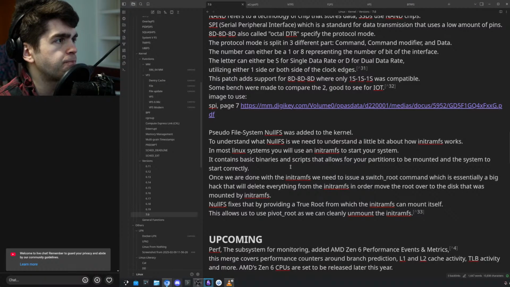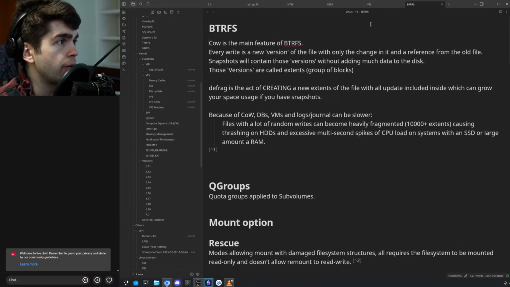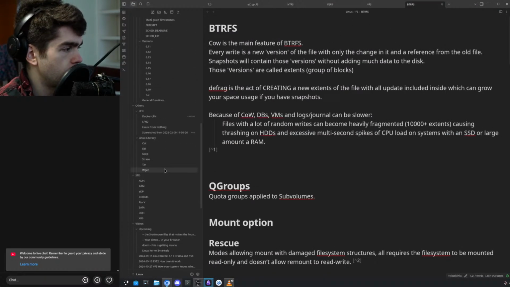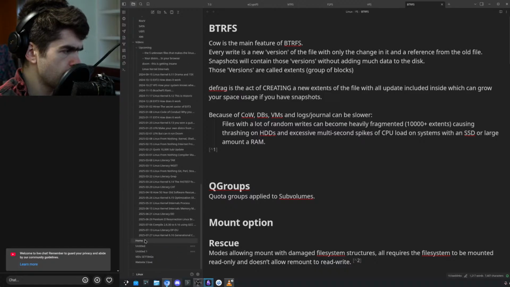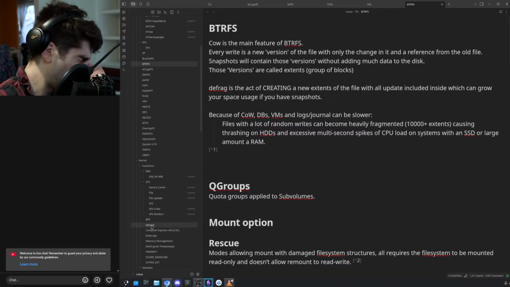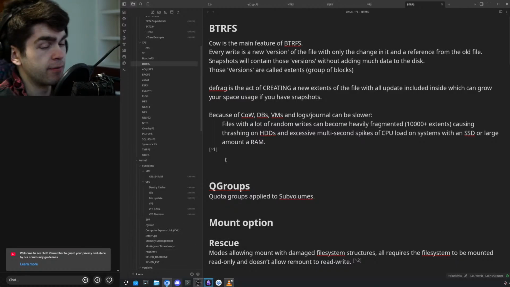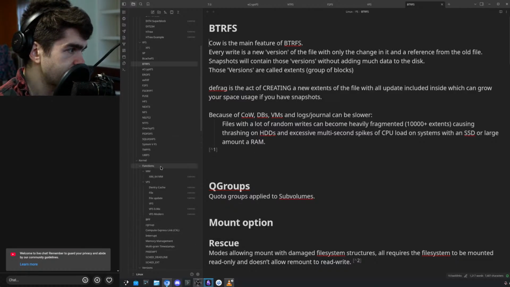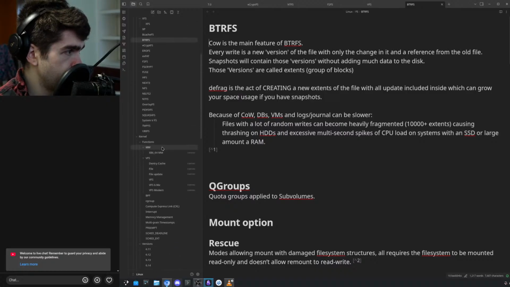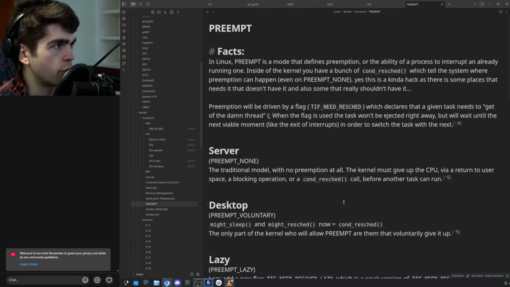So we know that there are multiple preemption models in the kernel. Let's explain a few things. There are multiple preemption models in the kernel.